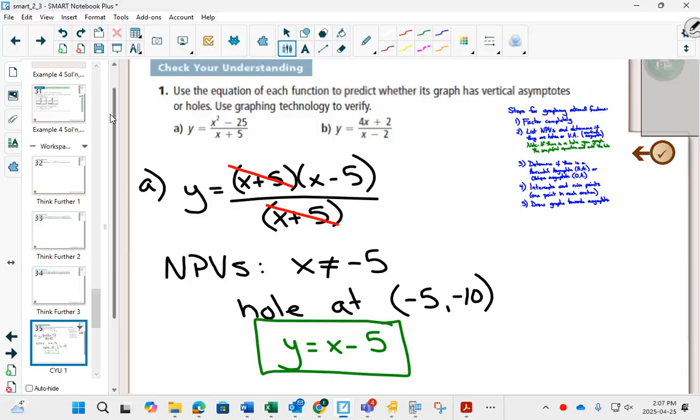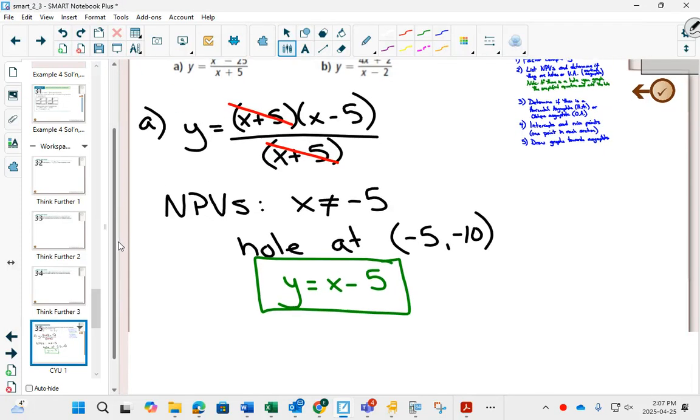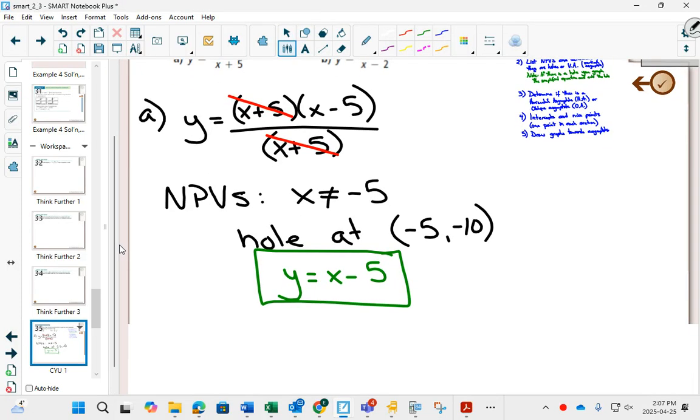Okay. Note, if there's a hole in the graph, you graph the simplified equation. Is the simplified equation still a rational function? Or is it just a line? It's just y equals mx plus b now, right? We don't have to follow any more steps, because we're at that green place. We can graph this, so I'll graph it off to the side here first. How do I graph y equals x minus 5? Well, 1, 2, 3, 4, 5.